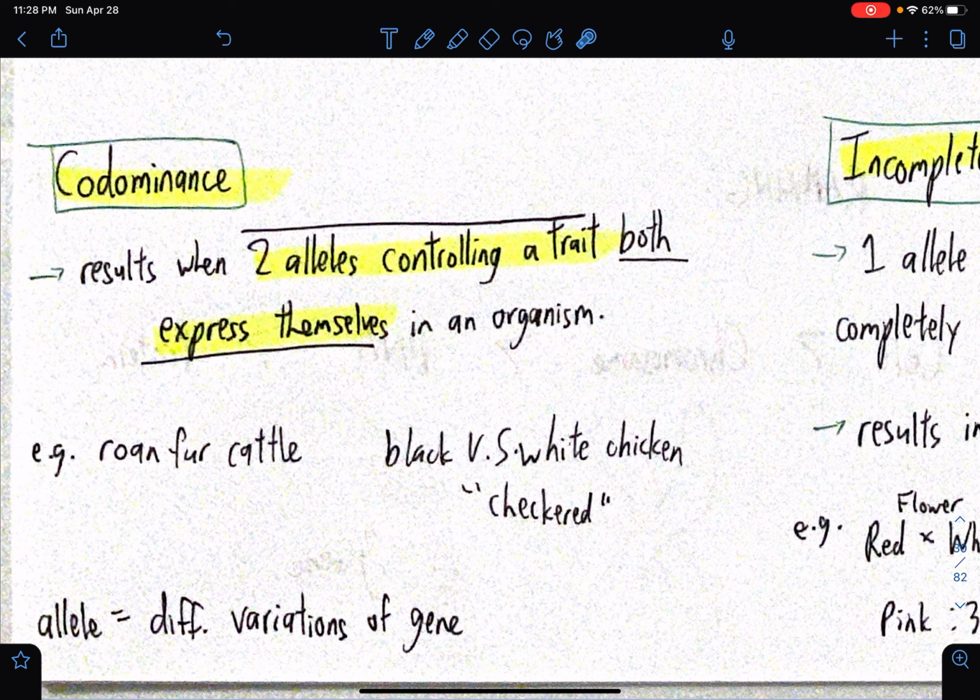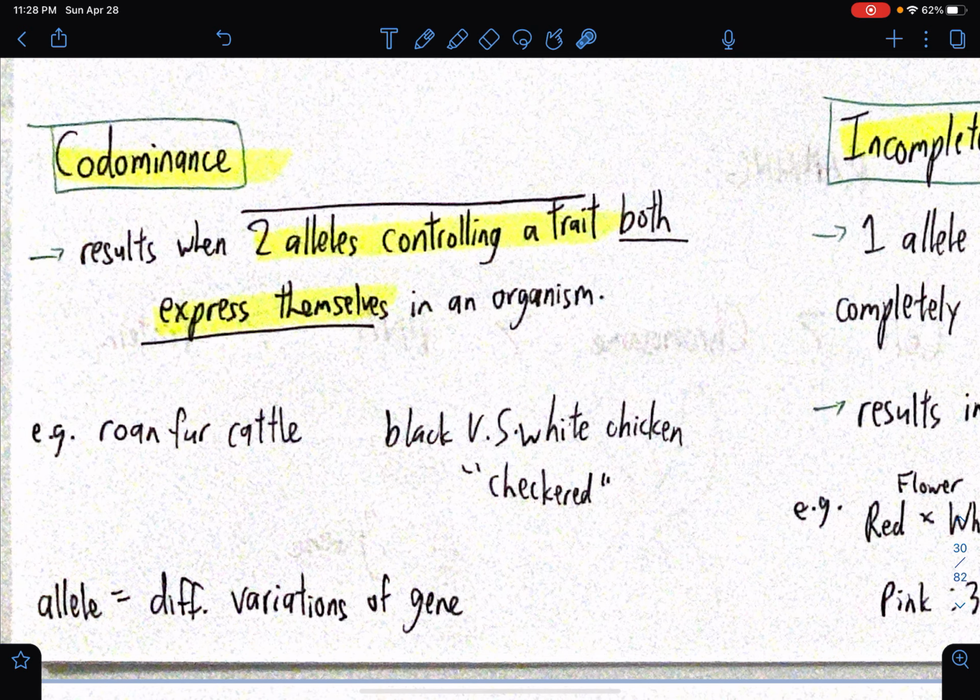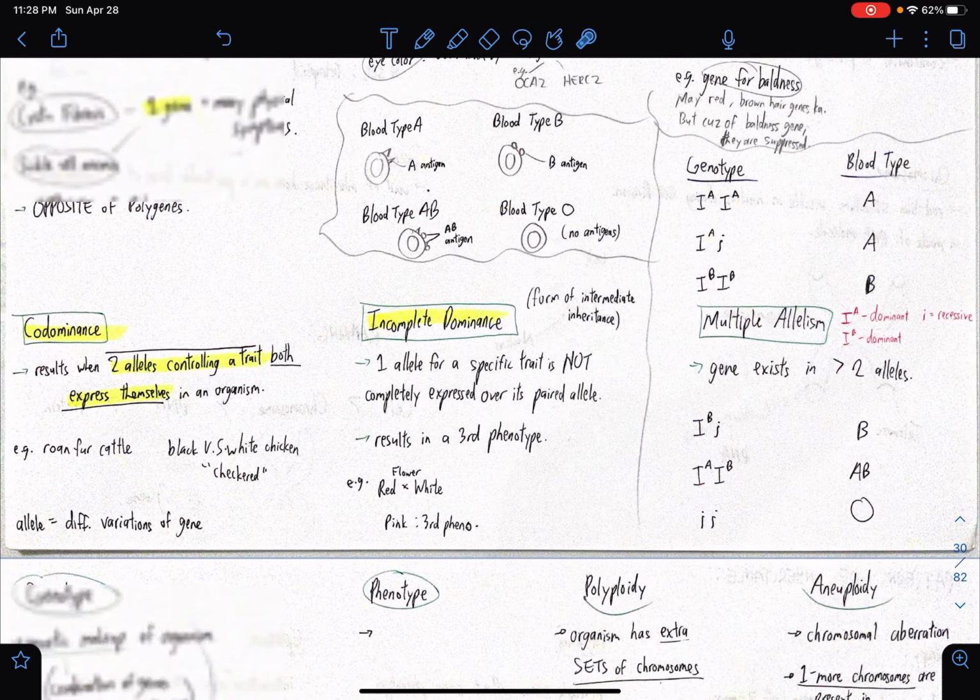So the offspring expresses traits coming from both the mom and the dad: black and white, checkered. It also applies to roan fur in cattle or cows. By the way, an allele is basically a different variation of a gene.